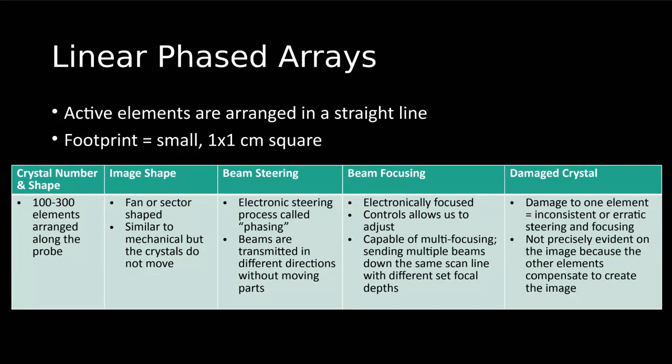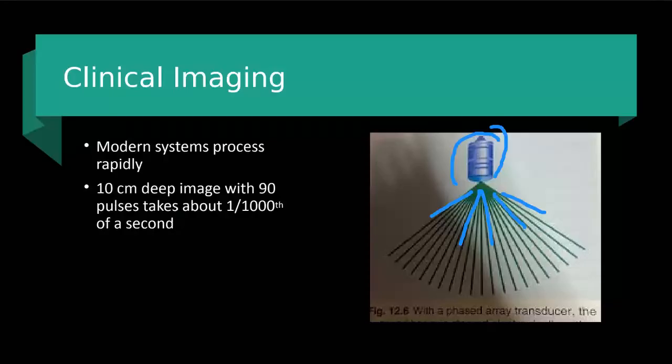Now, beam steering is going to be done electronically. This is known as a process called phasing, and we're going to talk about that a little bit more. So electronic steering is saying to the transducer, hey, I know you want to send your sound wave in a straight line, but I'm going to excite these crystals over here to steer our sound beam that way, or over here to steer our sound beam this way.